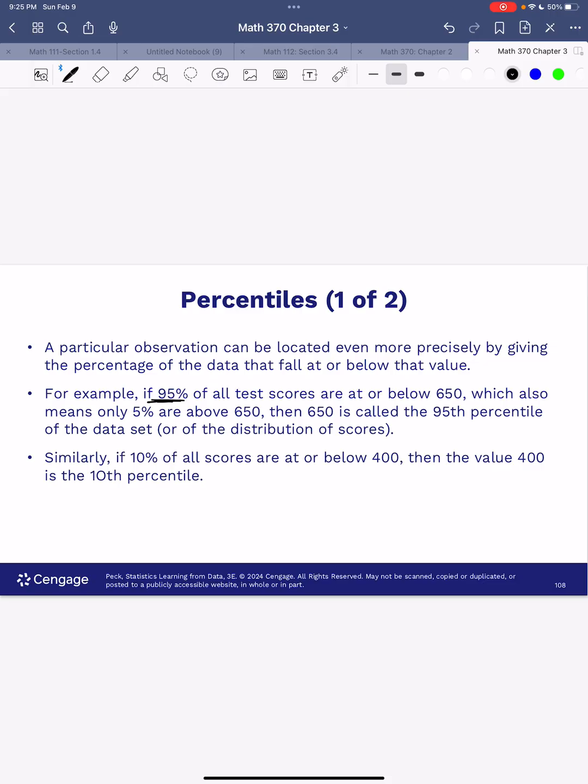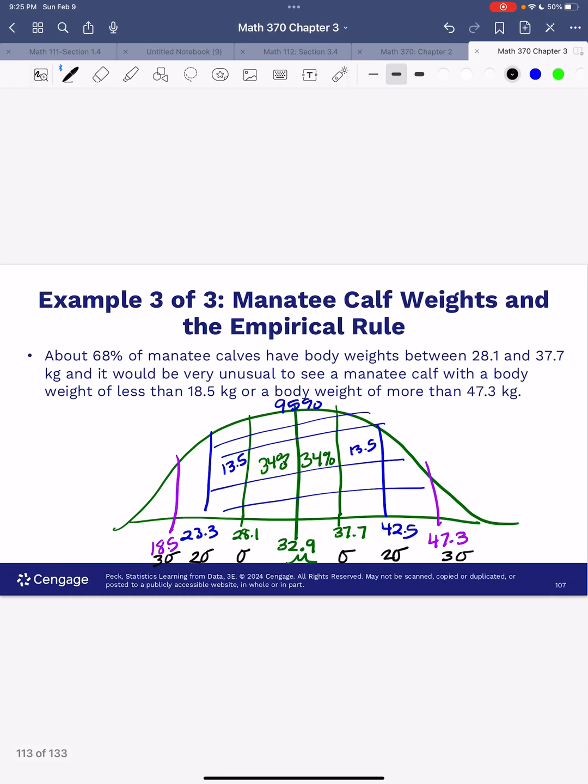We know that in regard to these manatees, 95% of our data falls between a body weight of 23.3 kilograms and 42.5. That's that 95%. And we can answer questions on this example based off of what we know the mean is and the standard deviations are and where we believe certain percentages of our data will lie within.